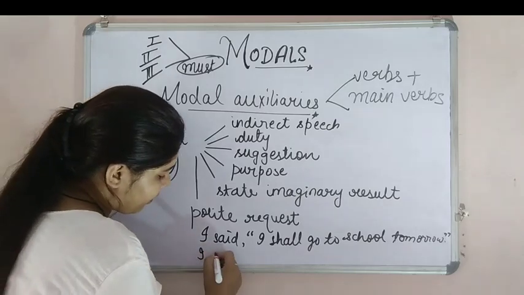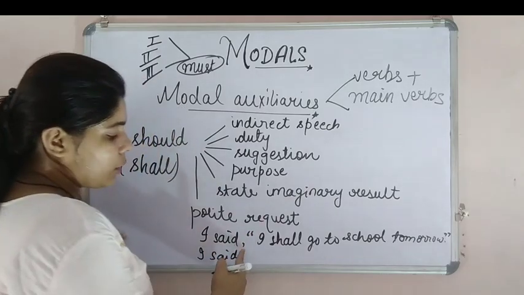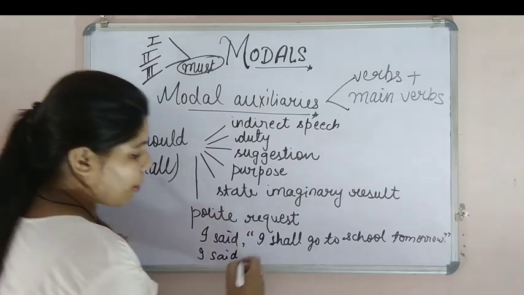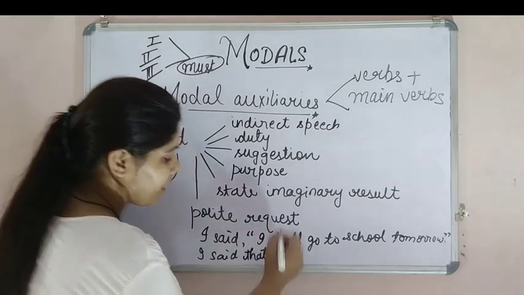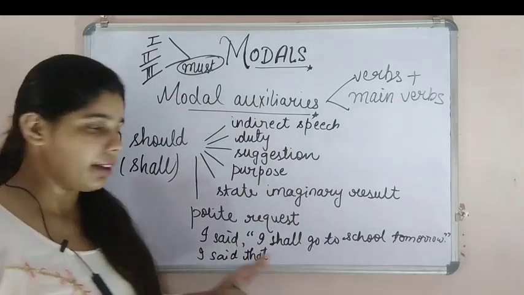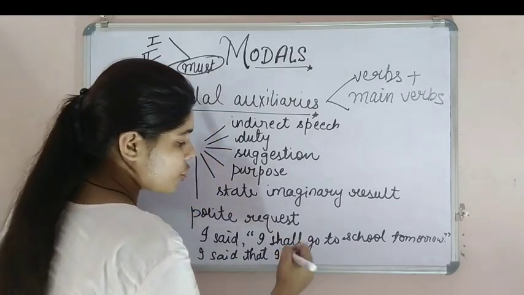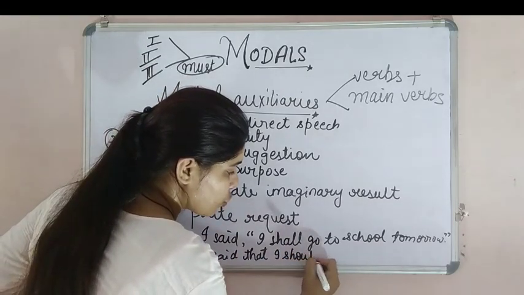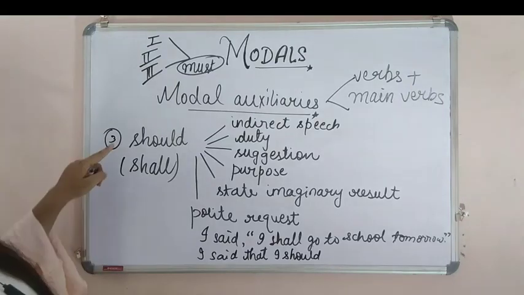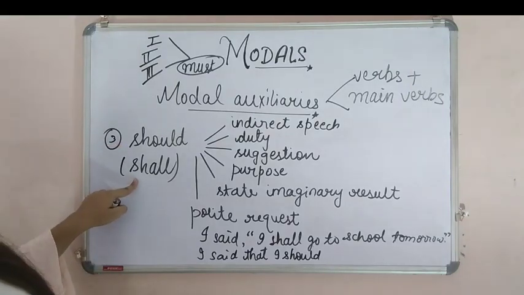So, as soon as we remove the comma and inverted commas, we add a conjunction, that. I said that I shall will be changed into should, as I told you that should is a past form of shall.